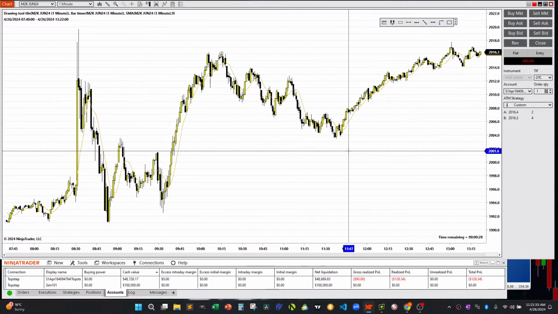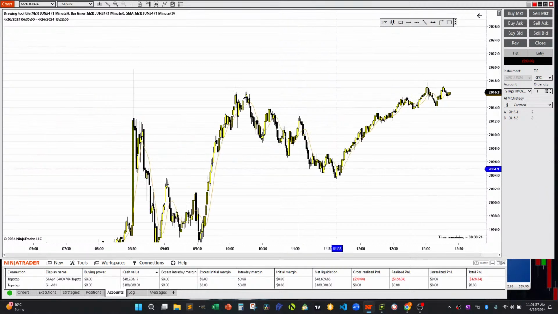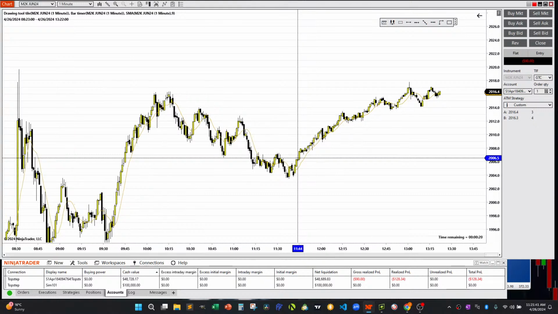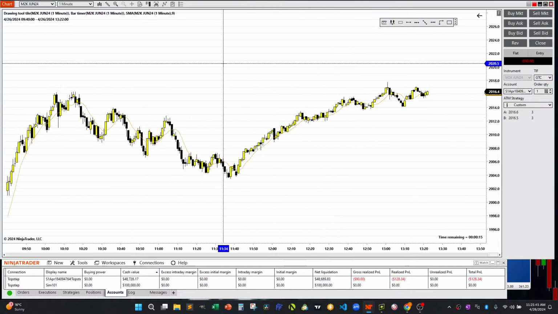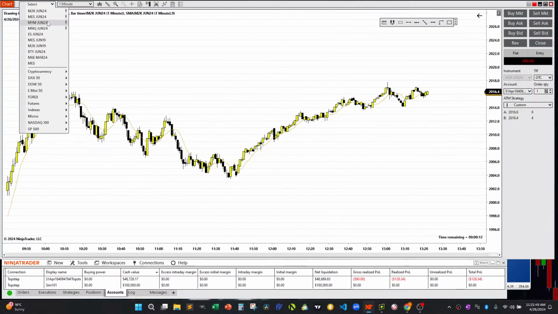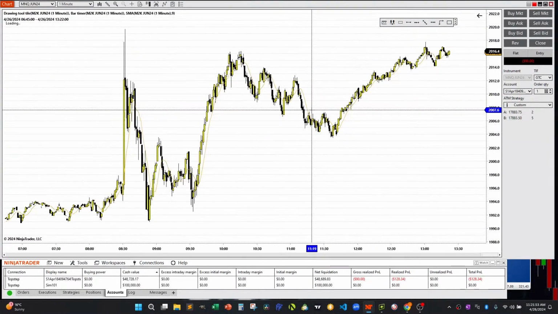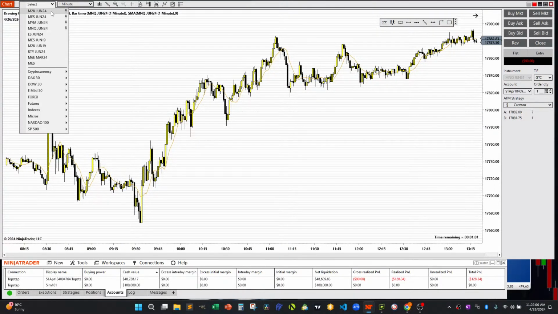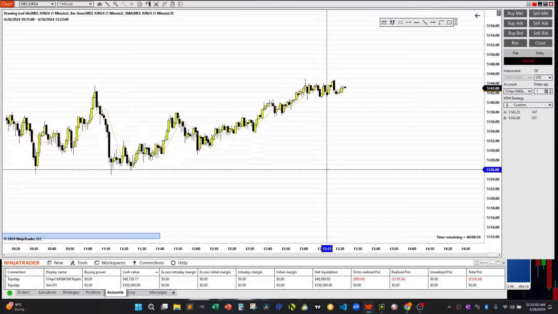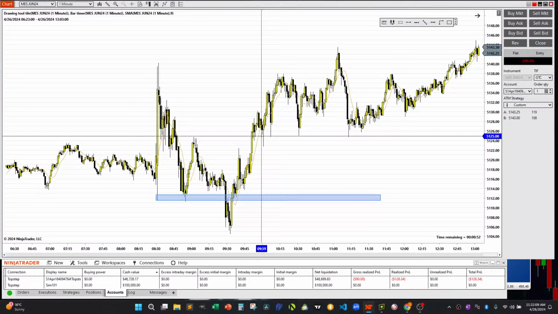The Russell moves right away kind of in the beginning of the day. That one made similar moves, but it was rather choppy about it.